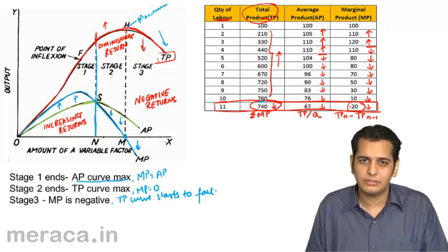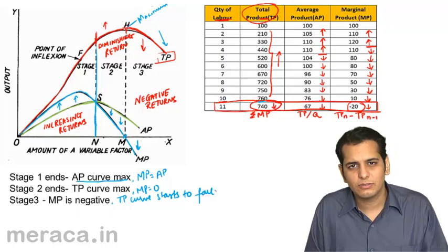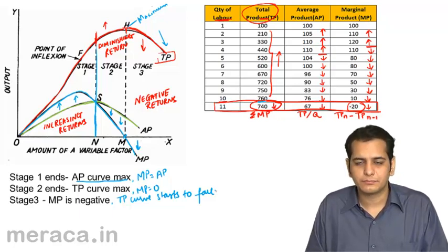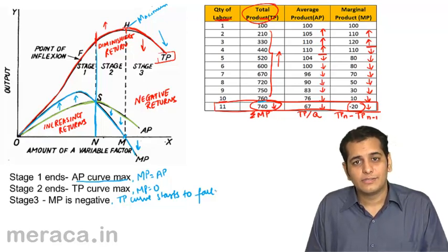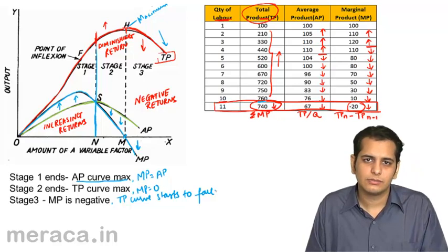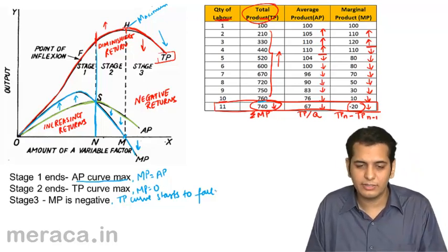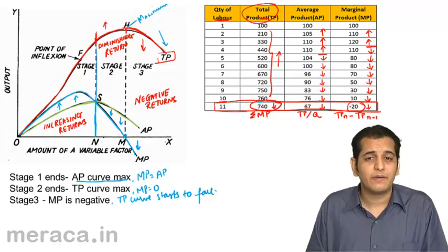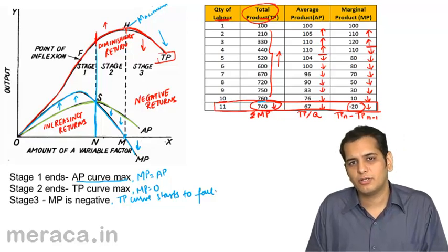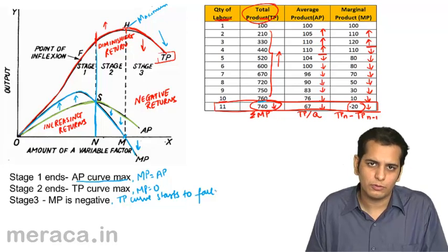In the second stage, we get diminishing returns. The total product increases but at a slower rate, at a diminishing rate. The second stage ends when the total product is highest, and at this level of production we see that the marginal product is 0. And finally, after this, we enter the third stage where the marginal product is negative and the total product starts to fall.